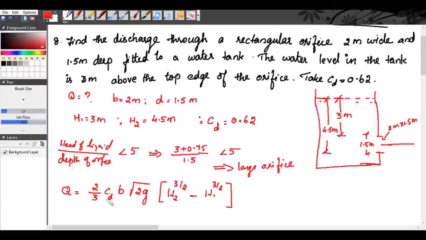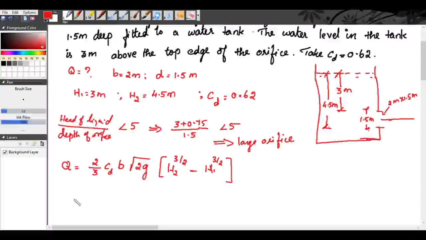We have studied this formula in the previous classes when we studied the theory of large orifices. Here B is the breadth of the orifice.